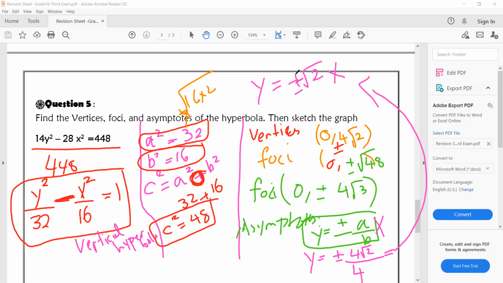And then, as I told you, last year and the year before, I was asking them to sketch, but for you, I will not ask you. I just want you to write the vertices, the foci, and the asymptotes.